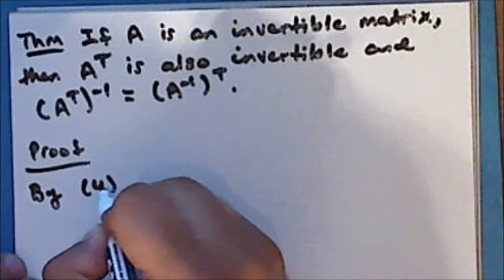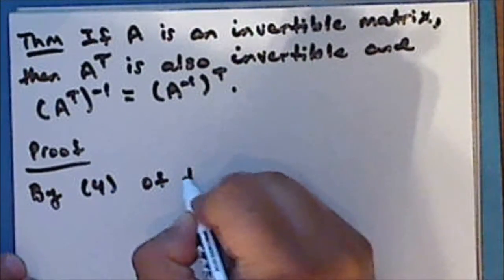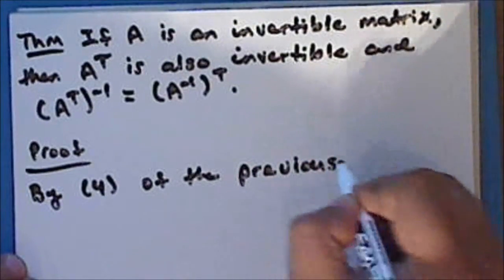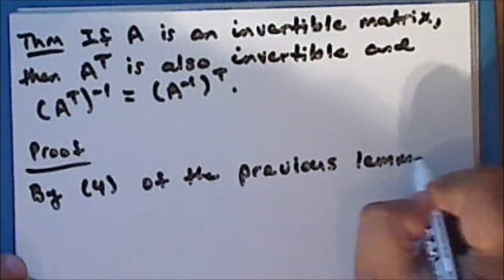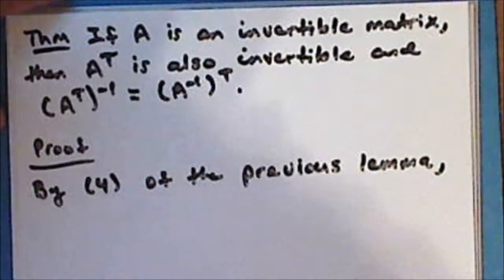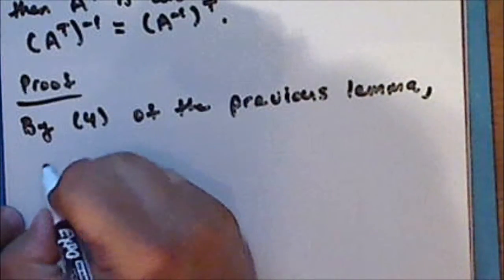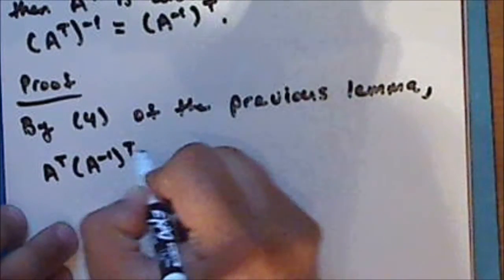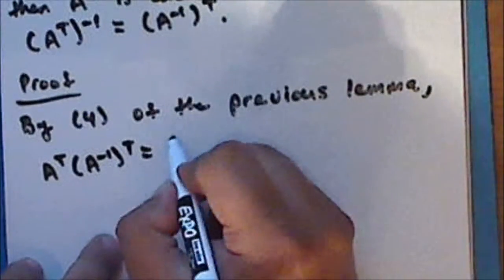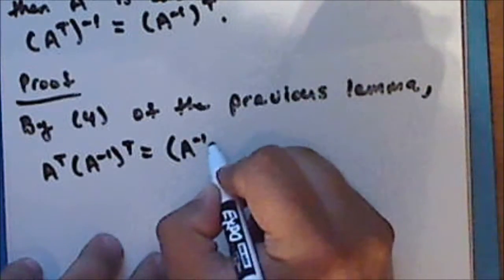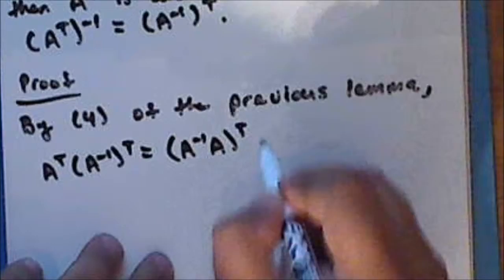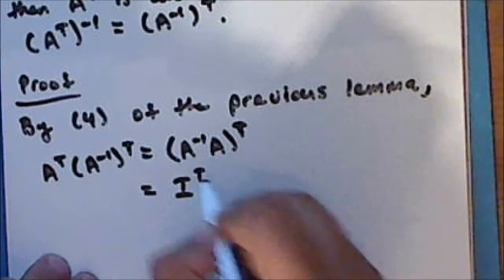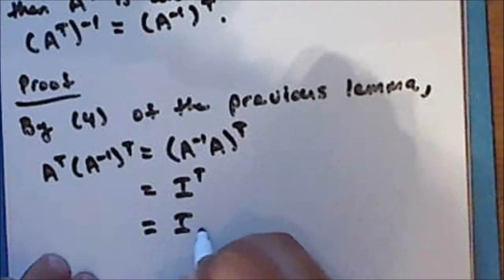Again, by part 4 of the previous lemma, we have A transpose times A inverse transpose is the transpose of the product A inverse times A. This is the transpose of the identity, which is the identity.